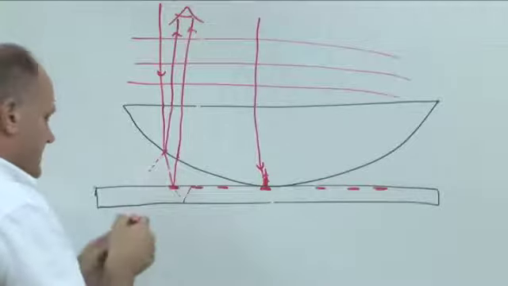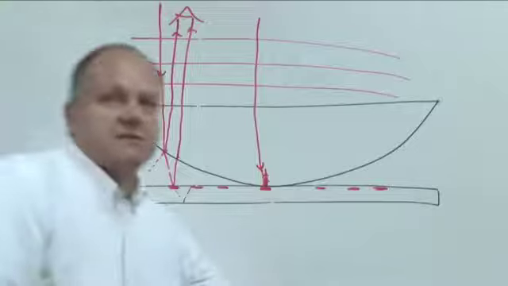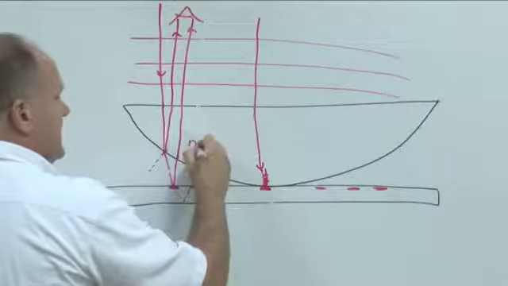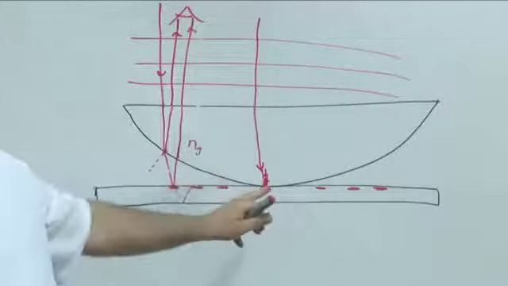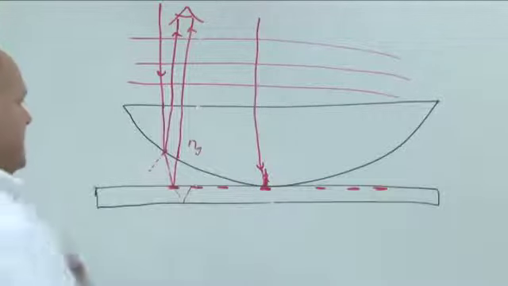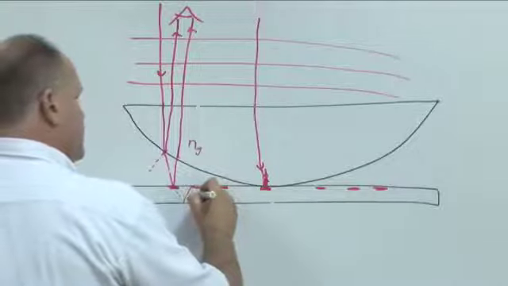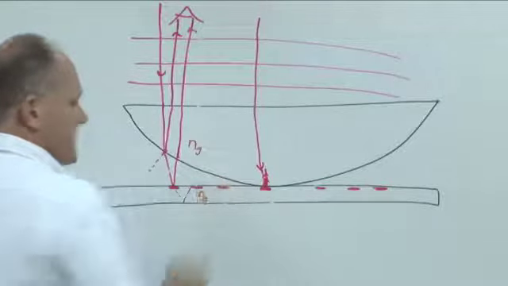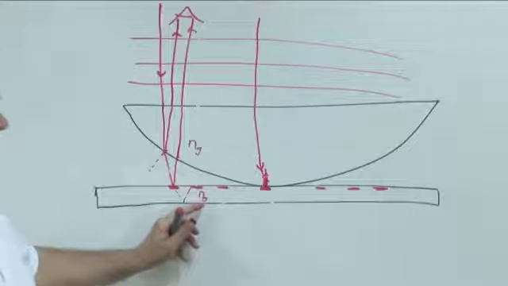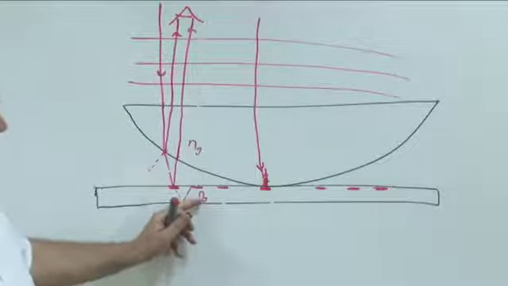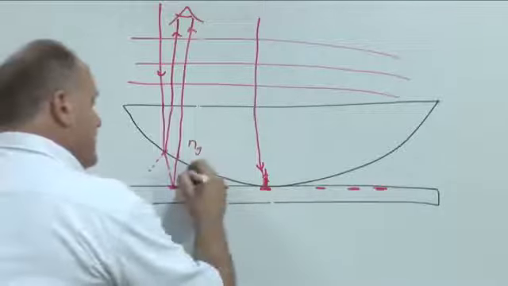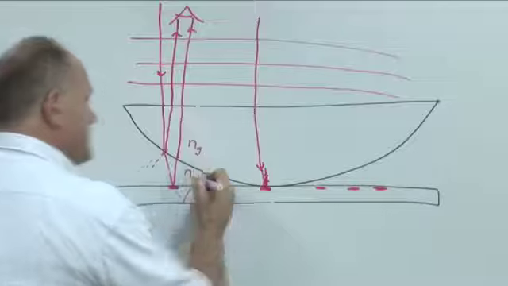If you look at the refractive indices, this is some refractive index Ng, the refractive index of the glass. And this is, let's suppose, the same type of glass, the same refractive index, Ng. In between here, you've got n_air, the refractive index of air.